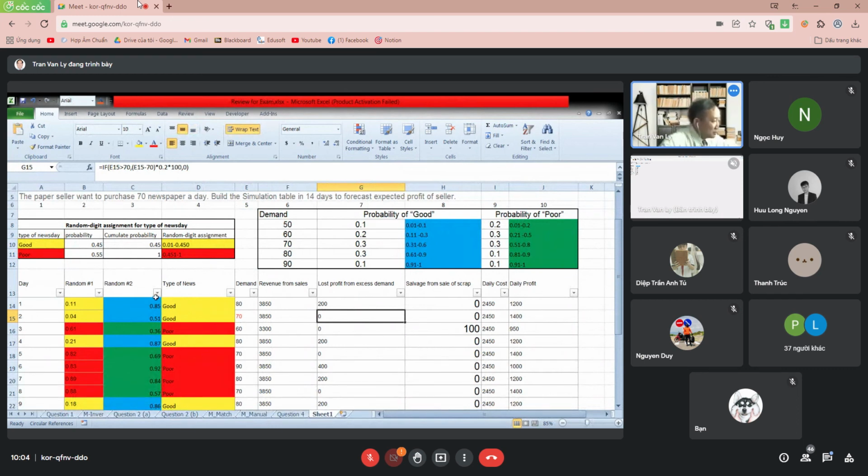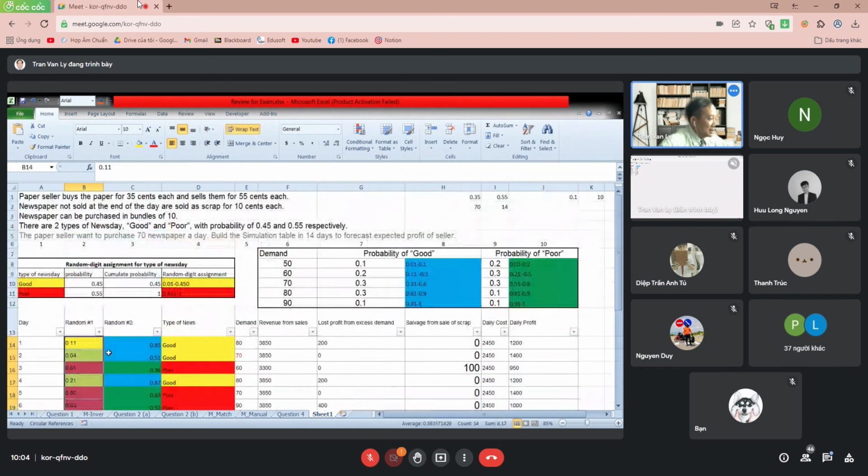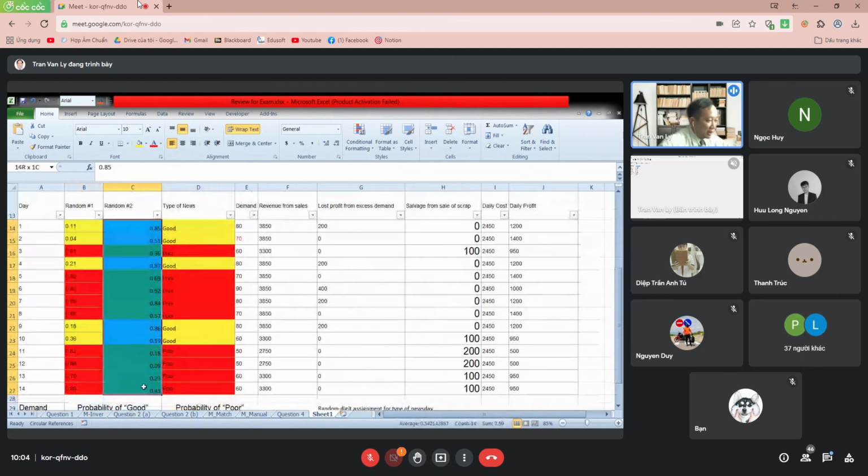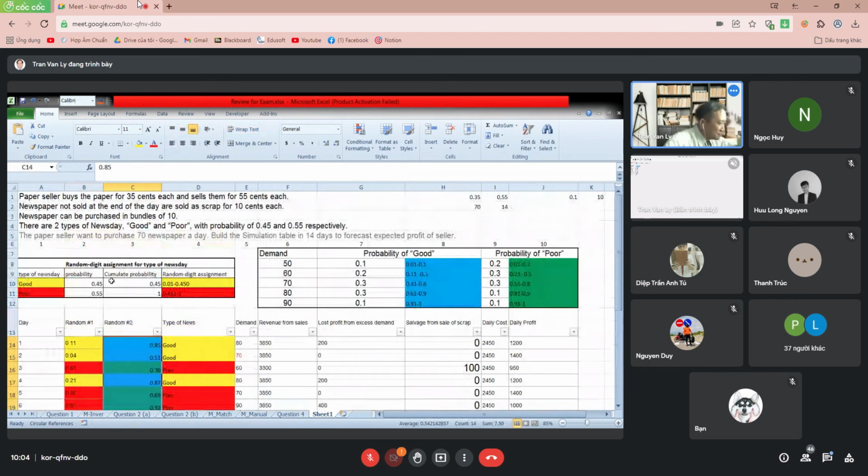So you see the first random number here. The second random number, you leave it here. And you see the good, 45%, right? The poor, 55%. So first, you tabulate this table. Can you hear me clearly? Khánh, can you hear me clearly?